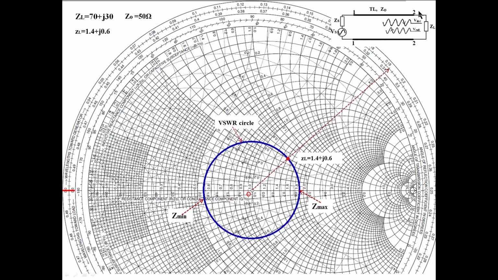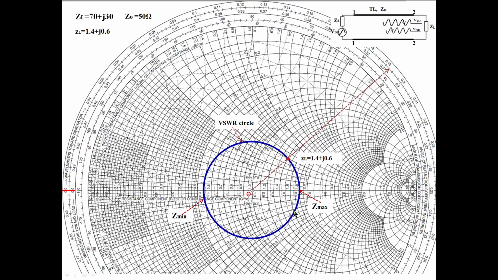This is our transmission line. We start from the load and move like this, towards the source, towards the generator. That corresponds to moving like this over a VSWR circle. From the load, move over a VSWR circle in the clockwise direction.